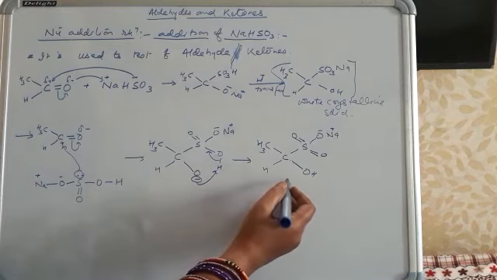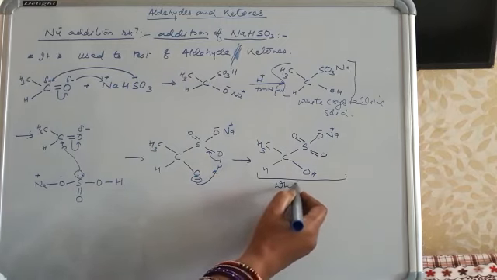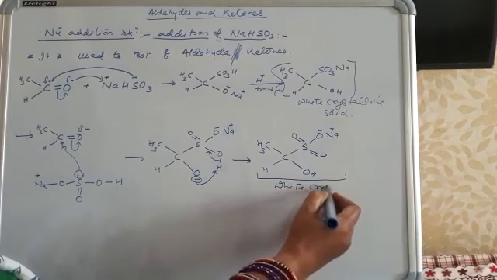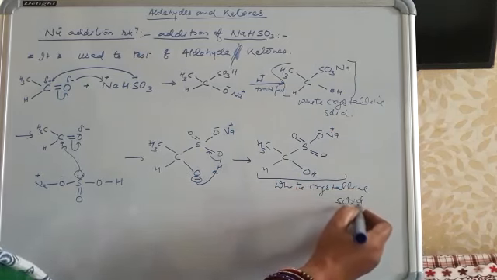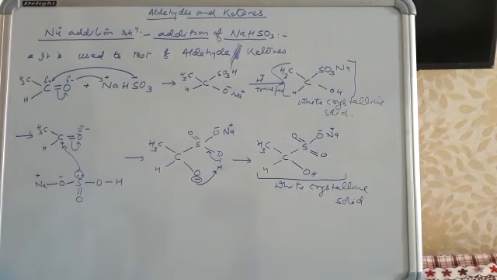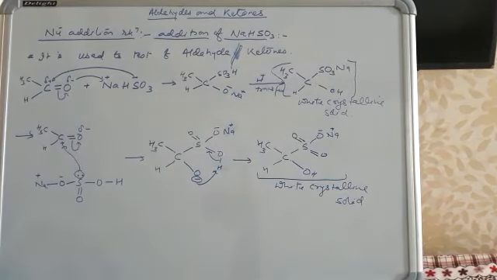So formation of this white crystalline solid takes place. When this white crystalline solid is treated with acid or base, again we can get the pure carbonyl group, either it will be aldehyde or it will be ketone. So it is always used to test whether the given carbonyl compound is aldehyde or ketone.